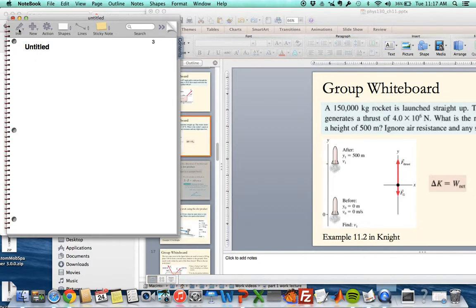The work in this case is equal to Fy times delta y, and my Fy is going to be my force of thrust minus my Fg.